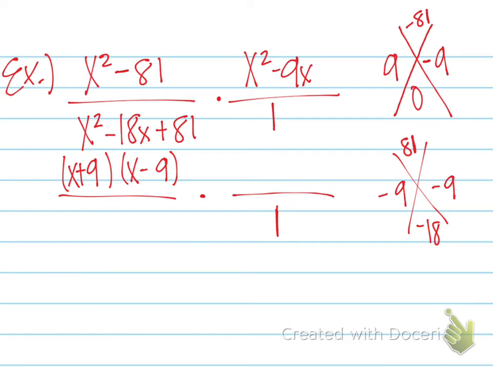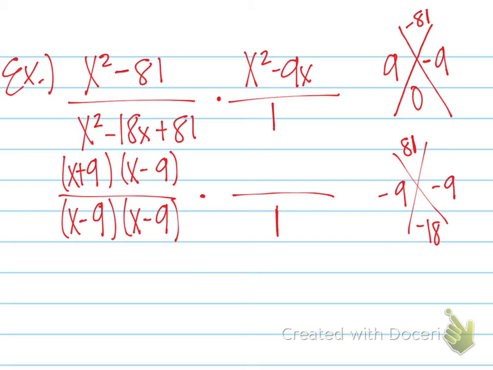Negative 9 plus negative 9 is negative 18. And negative 9 times negative 9 is a positive 81 because two negatives make a positive. So on the bottom we have x minus 9, x minus 9.